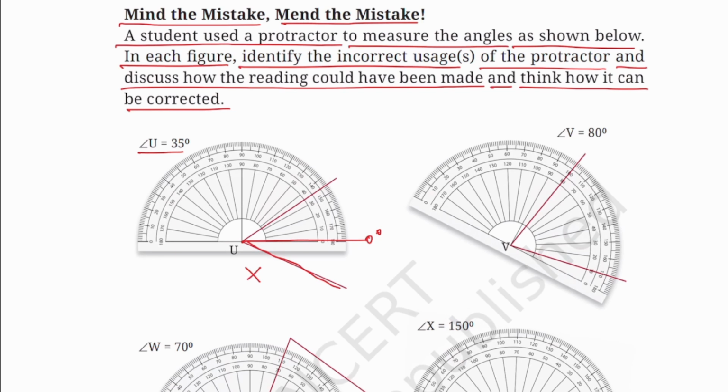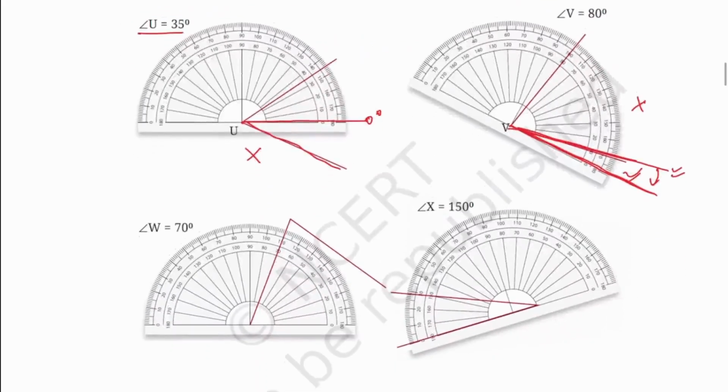In the second one, the same problem, you have to align this 0 degree mark with any of the arms of the angle. So, you have to align this arm with 0 degree mark. So, this is wrong.